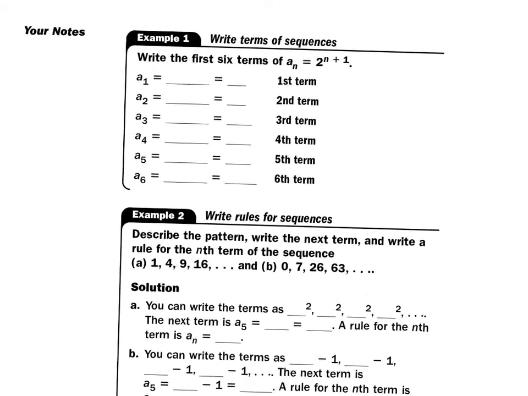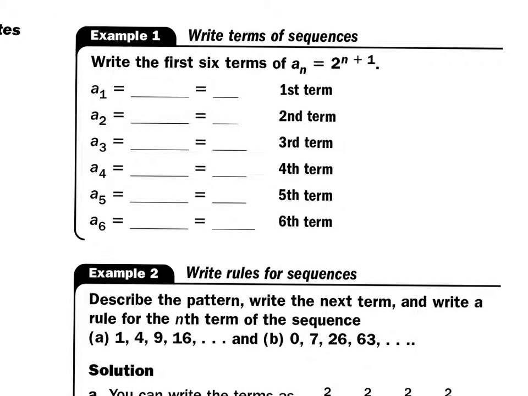Okay, so we're going to write the terms of a sequence. Example 1. Here's our sequence rule. We want the value in the nth position, and we get that value by taking 2 to the n plus 1 exponent. So the value in the first position would be 2 to the 1 plus 1, or 2 squared.